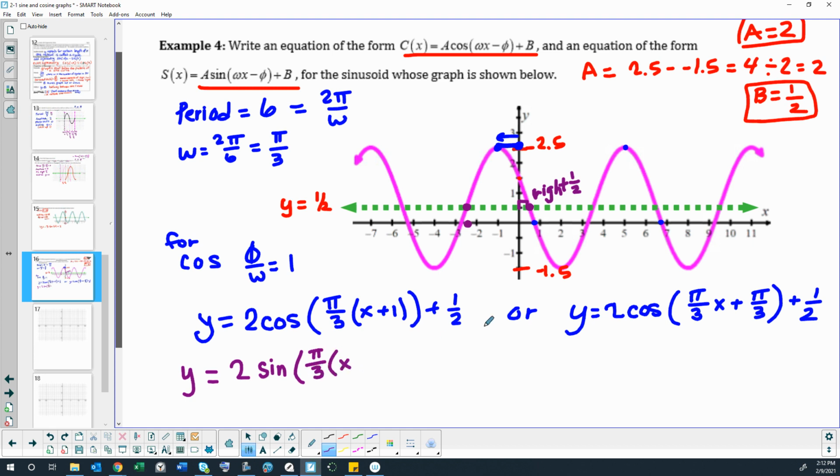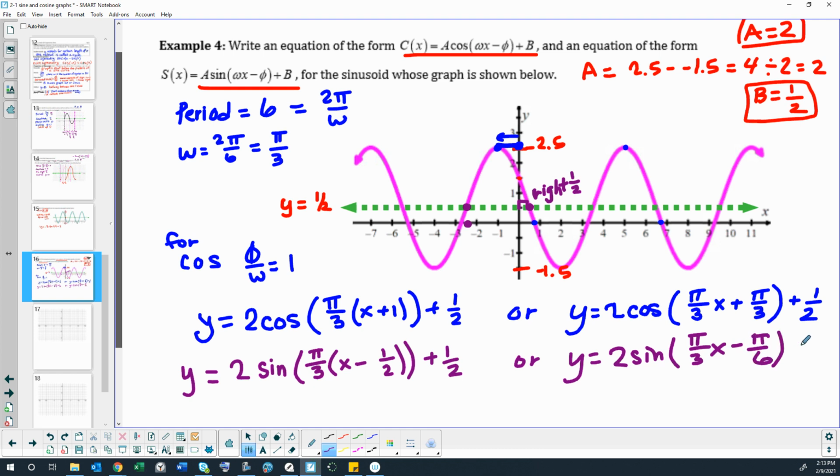Then instead of left 1, like cosine was, it's going to be right 1/2. So that would be -1/2, and then up 1/2. So if we distribute that through, so it's in the form it's asking for, it would be 2 sine pi thirds x minus pi sixths, plus 1/2.